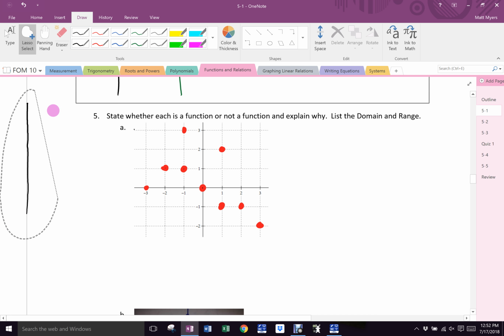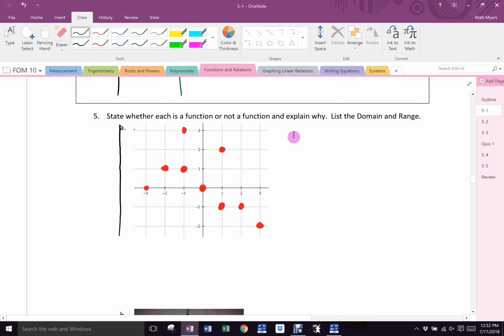If it's a function. Function or relation? Function, because I'm only hitting a red dot once. Function or relation? Function. Relation. So this is a relation. Why? Because at x equals -1, there's two outputs.